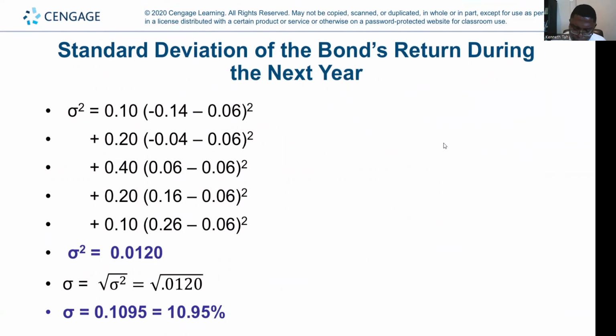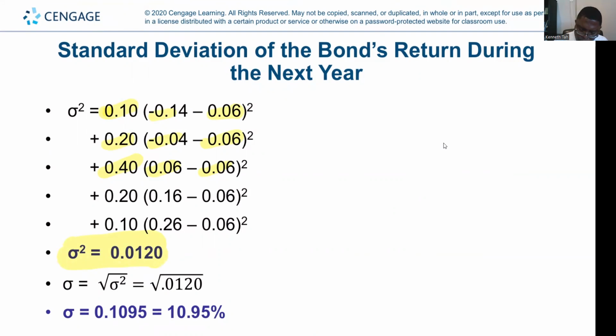Again, every probability times return minus the expected return all squared, plus probability times return minus the expected return all squared, and so on. Once we do that, we end up with 0.012, which is the variance.